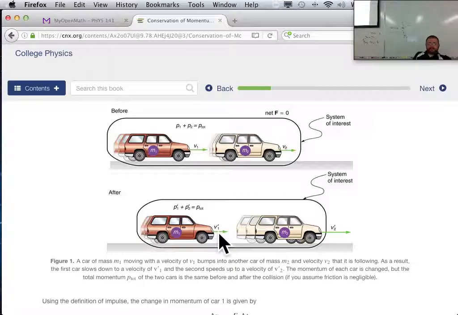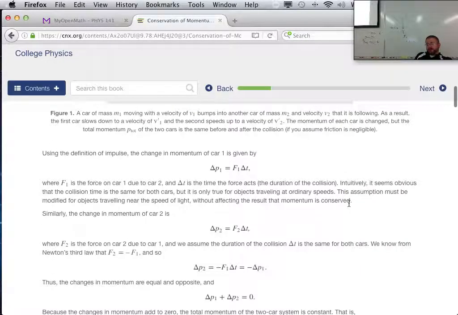So, that's the idea of conservation of momentum. And just like with energy, if you add up all your momentum at the beginning of a situation and add up all your momentums at the end of the situation, they should equal each other. However, you do have to be careful with momentum, because not only is the value conserved, but also the direction of the momentum is conserved.